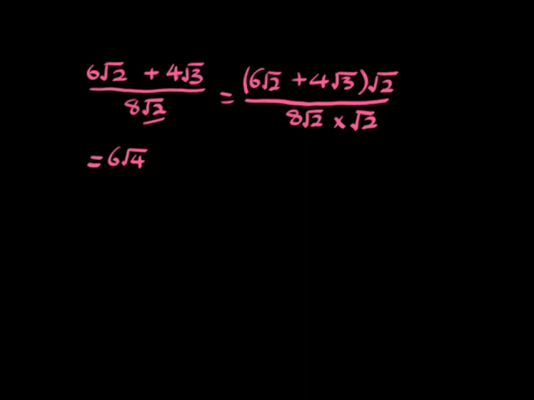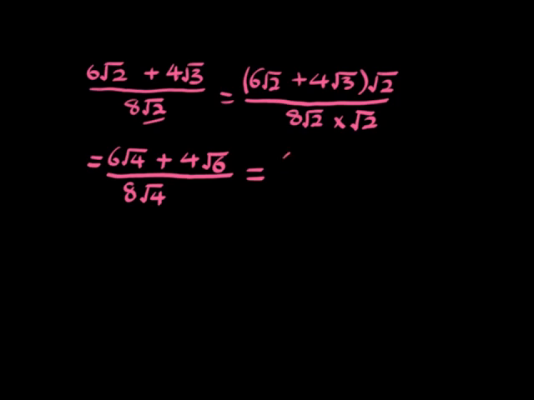Now, plus 4 root 3 multiplied by root 2 gives us plus 4 root 6. So the roots multiply themselves. Such that at the denominator, 8 root 2 multiplied by root 2 gives us 8 root 4.